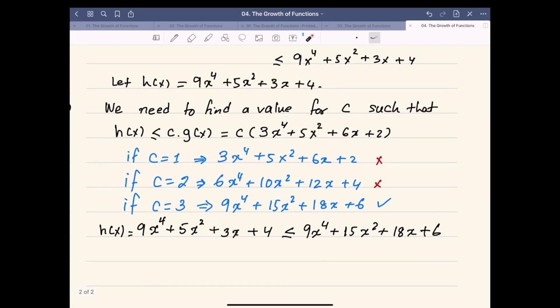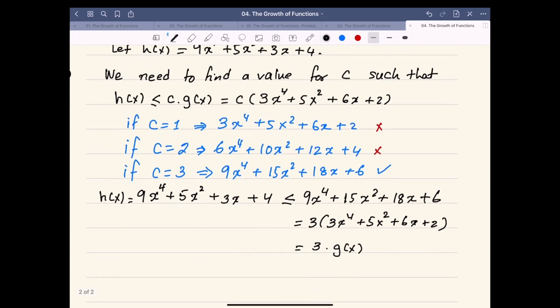Now here in the last polynomial, you take 3 common. So you will have 3x raised to power 4 plus 5x raised to power 2 plus 6x plus 2, and this is equal to 3 multiplied by g of x. So here we can say that h of x is less than or equal to 3 multiplied by g of x.